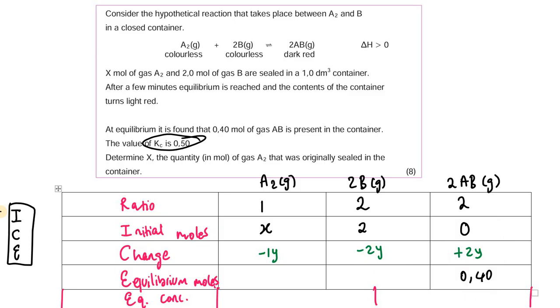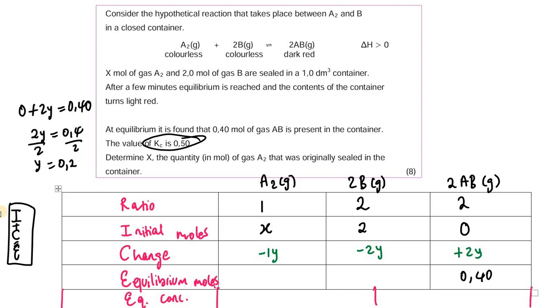So you simply say 0 plus 2y is equal to 0.4. You put it like that, because remember I told you I plus C gives you E. So now 2y is going to be equal to 0.4. If you divide by 2, that means your y will be 0.2.